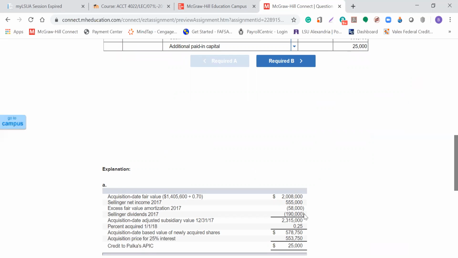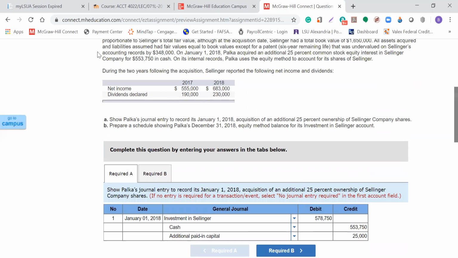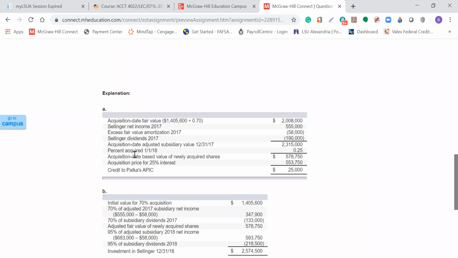We had the excess fair value amortization of $58,000 and the dividends of $190,000. From that, we have an adjusted subsidiary value as of 12/31/17 of $2,315,000.